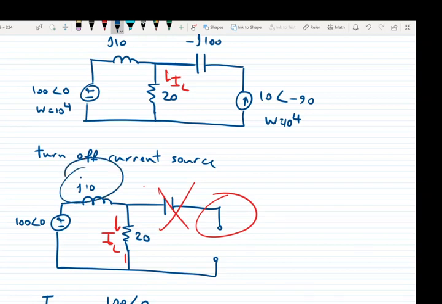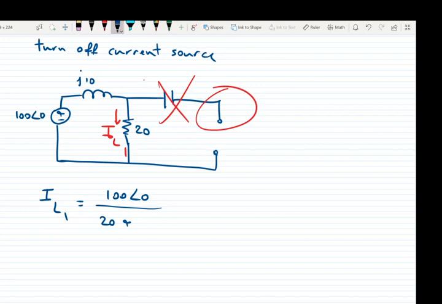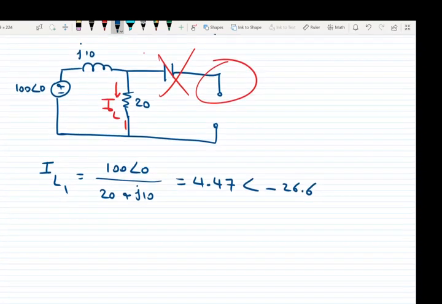Here was j10, I wrote j100. So 100 over 20 plus j10 is equal to 4.47 with the angle of negative 26.6. This one is IL1.